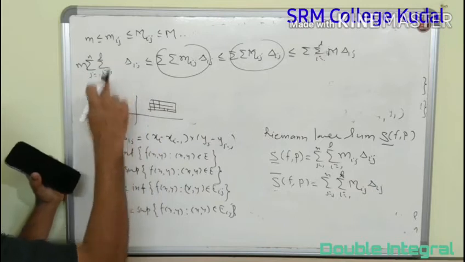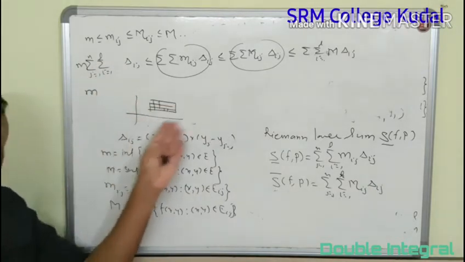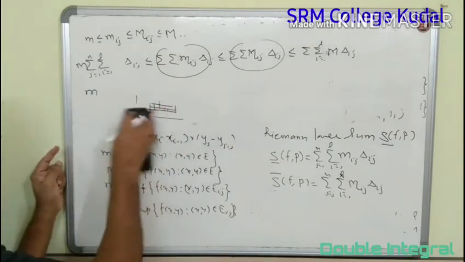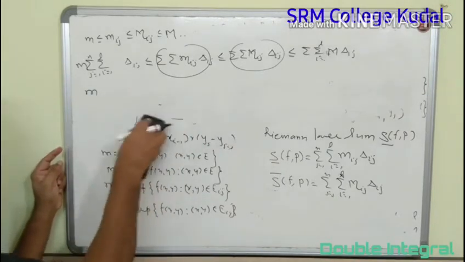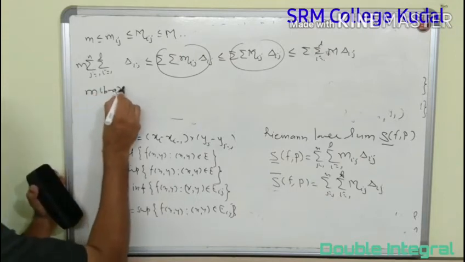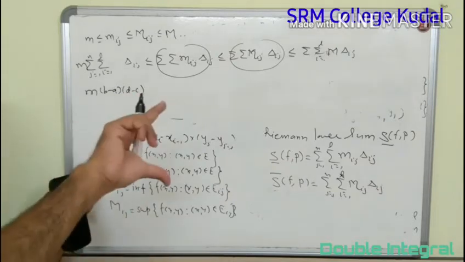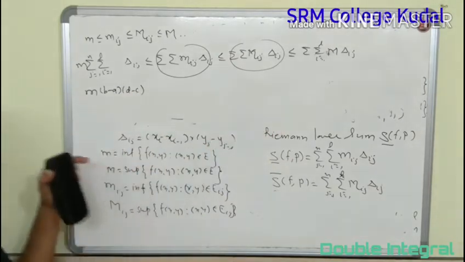So at the end this will be the sum of the areas of all these subrectangles, which gives you the total area of the rectangle, and it is nothing but b minus a into d minus c. That is length into width, because your rectangle is AB cross CD.